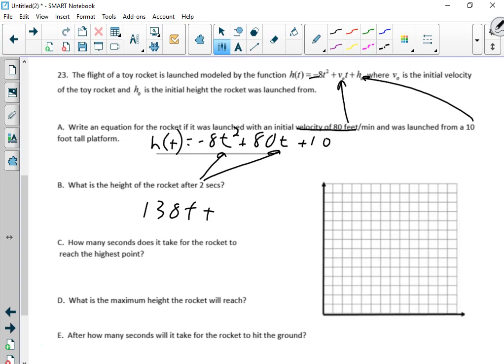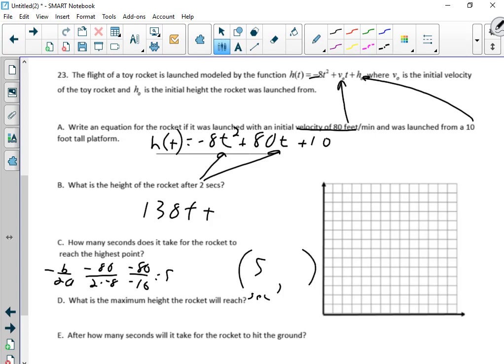How many seconds does it take for it to reach the highest point? Well, that's the vertex. Okay? So we need to do opposite of b over 2a. -80 over 2 times -8. That's -80 over -16, which is 5. So it's going to be in 5 seconds.